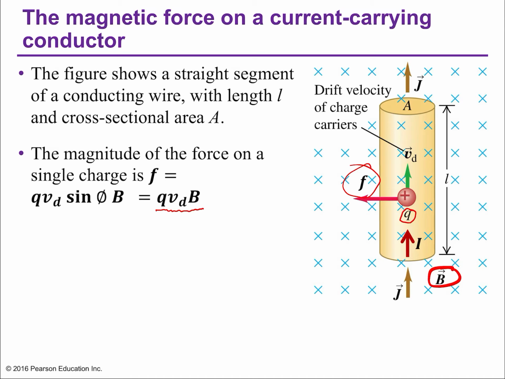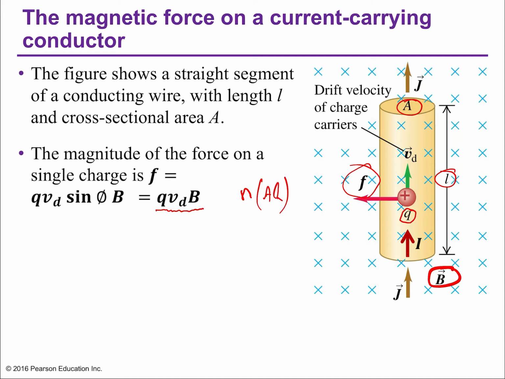The number of carriers would simply be N, which is the density of the charge carriers, multiplied by the volume of the conductor. The volume is just the length multiplied by the cross-sectional area, so it's going to be A times L. That will give you the number.